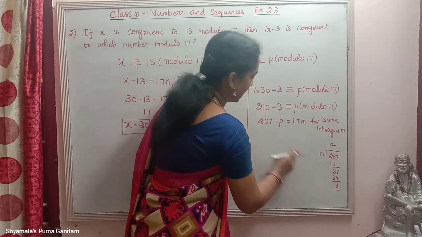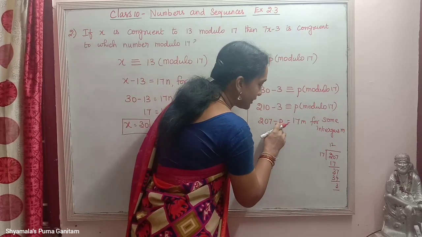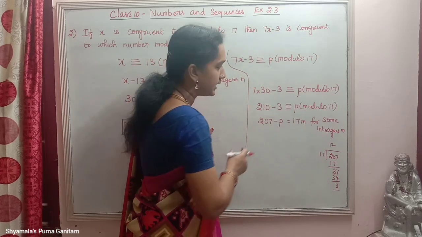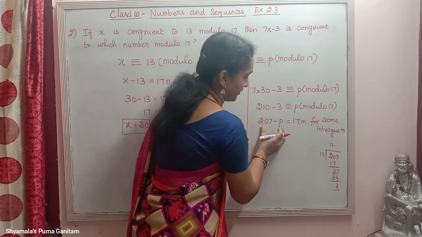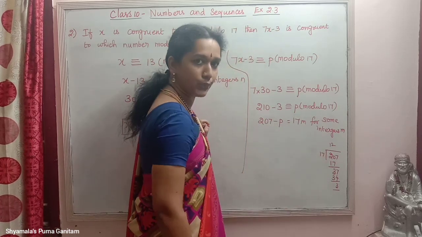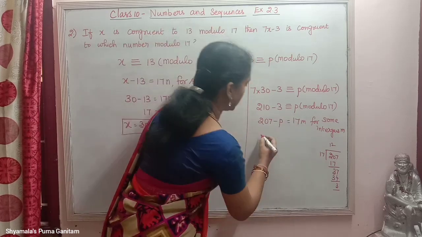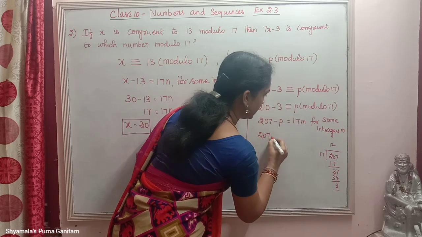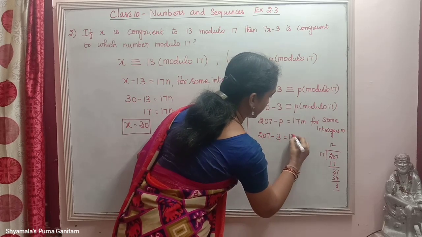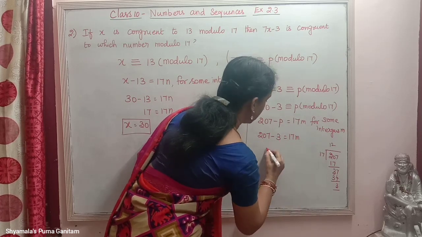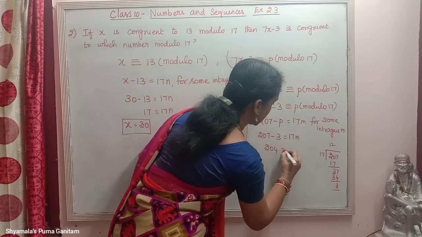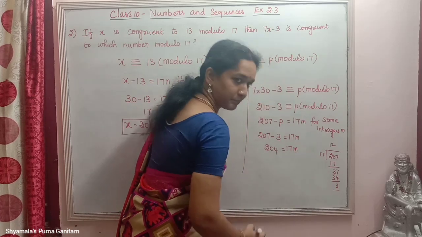So if we take p as 3, 207 minus 3 is 204, which is exactly divisible. So 207 minus 3 is equal to 17m.